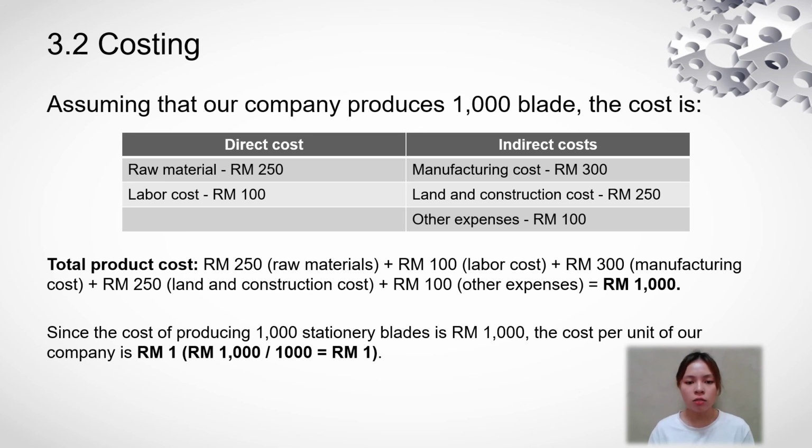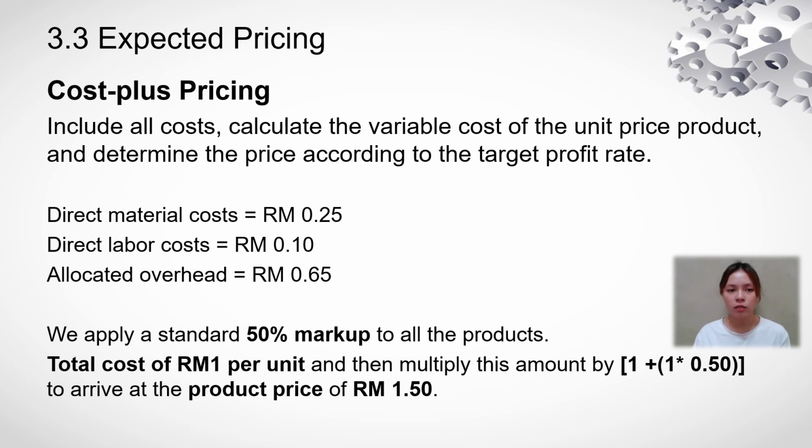The total cost of the product is 1,000 ringgit. Since the cost of producing 1,000 stationery blades is 1,000 ringgit, the cost per unit of our company is 1 ringgit.